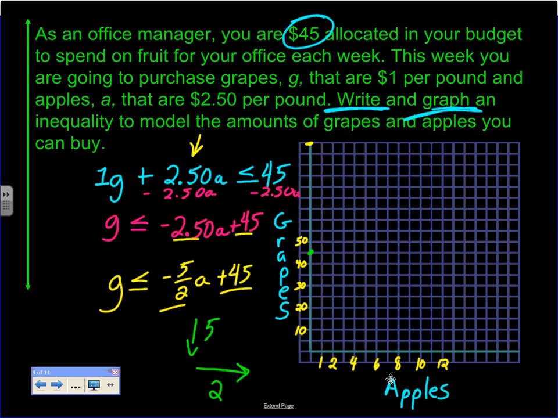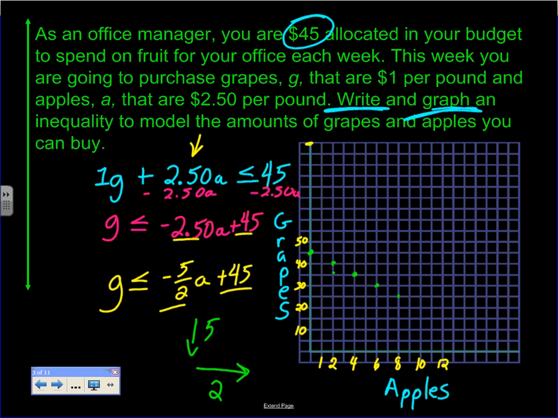So we have to pay attention to our graph. Our intervals along the grapes axis, the y-axis, go up by 5. So essentially, we just need to go down 1 space, and then along the apples go by 2. So we've gone down 5 and to the right 2. Now we're at 40, down 5 to 35, and to the right 2 to 4. Down 5 to 30, to the right to 6.